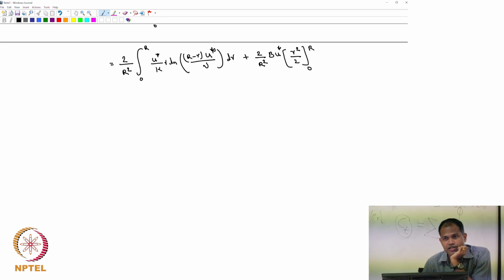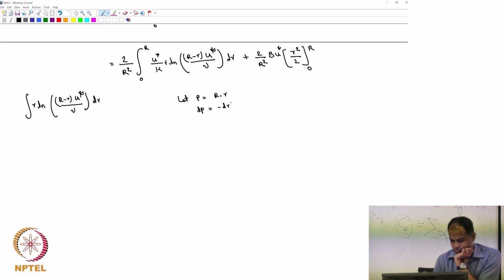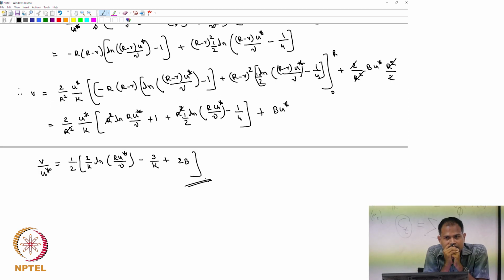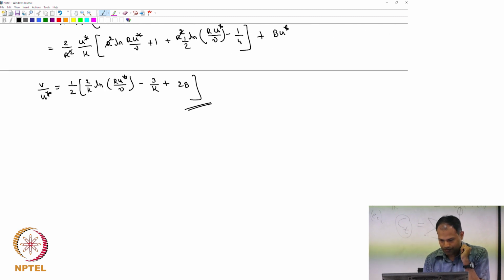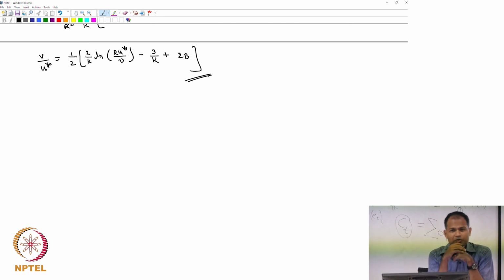There are two different terms, one containing log and then there was a constant multiplied by r. Did you get something like that?